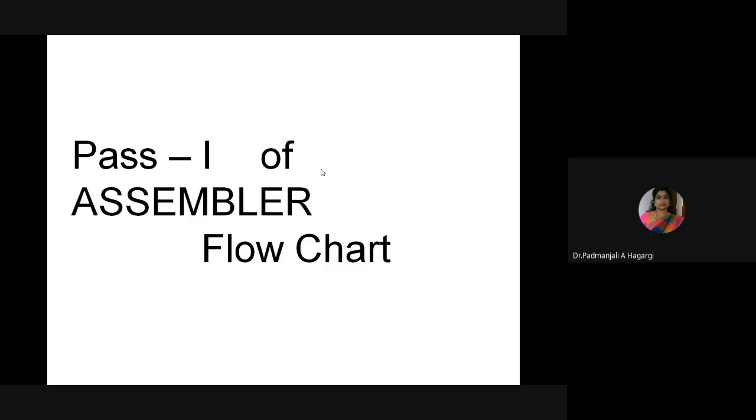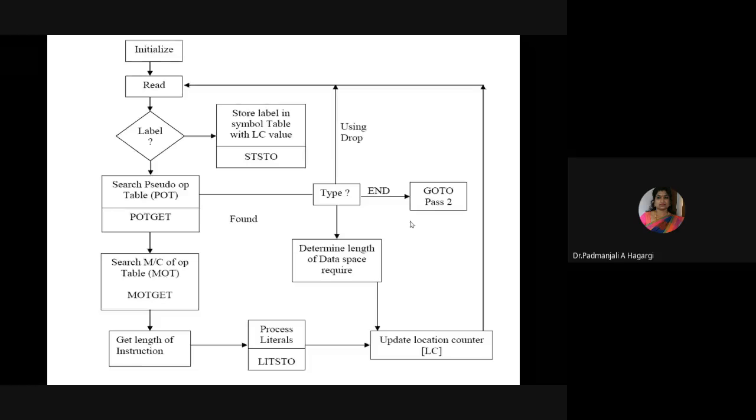I will load the recorded one for the construction of the instruction format. So we shall see the pass 1 of the assembler flowchart, and how it has the initializations in the program from the initial instruction.